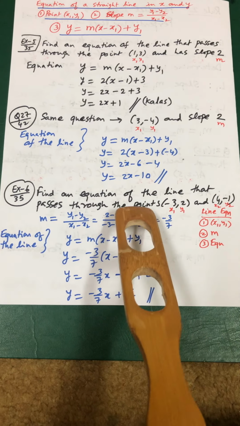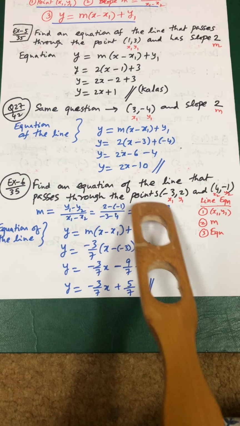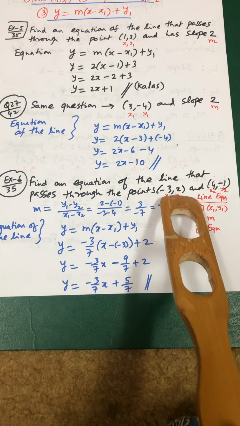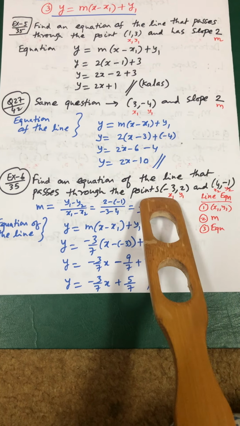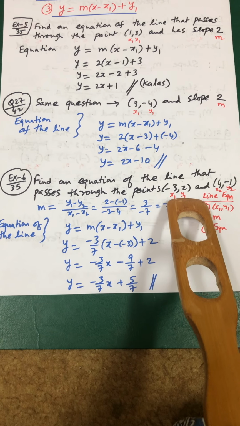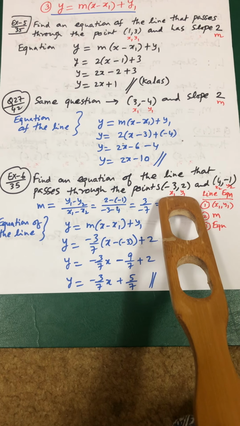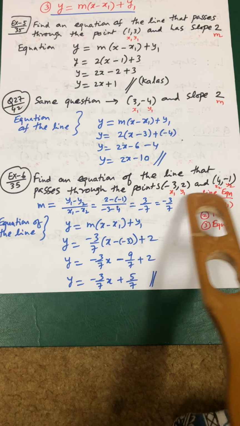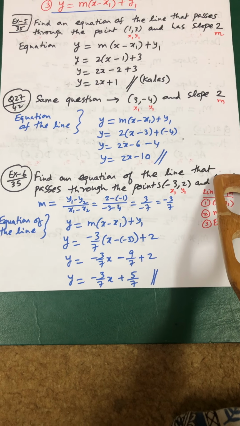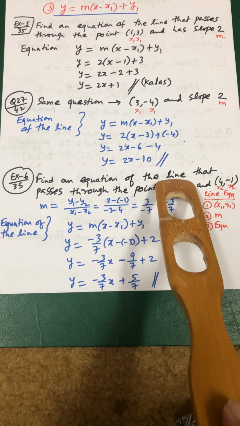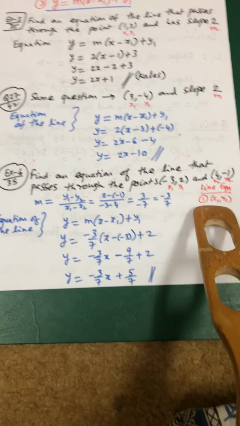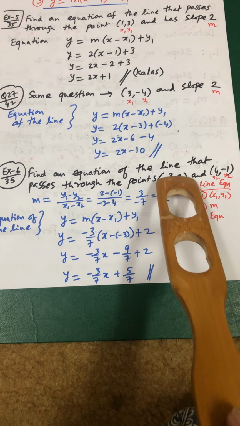Now let us do another problem. Find the equation of the line that passes through the points (minus 3, 2) and (4, minus 1). Write here the first point x1, y1 and the second point x2, y2. Minus 3, 2 is the first point, and the second point is 4, minus 1. What do you want? Find the equation of the line. For the equation of the line, you need three things. One is the point x1, y1, here it is.